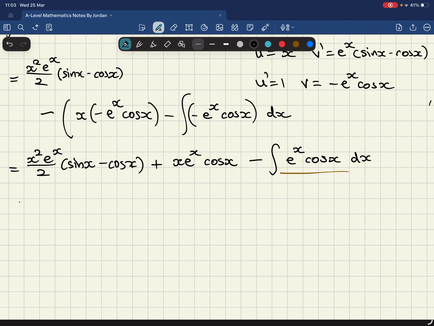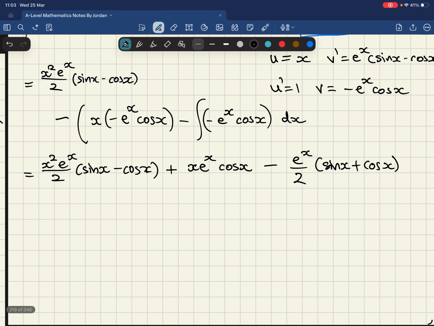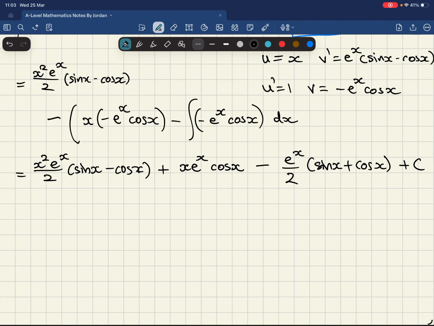So let me just write that in. And then at this stage I can add the plus c on the end, since I finished integrating, and I can just do a bit of factorising. So I'm going to take out e to the x over 2, which will leave us with x squared sine x minus cos x.